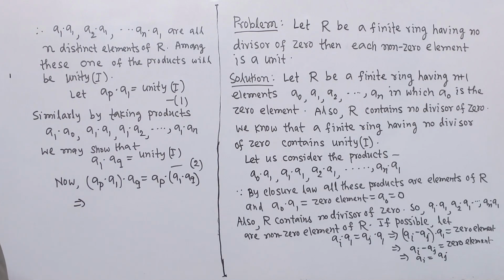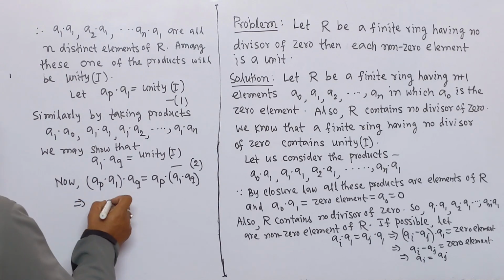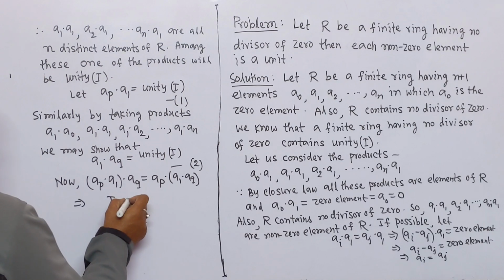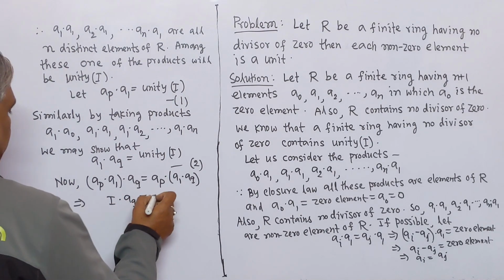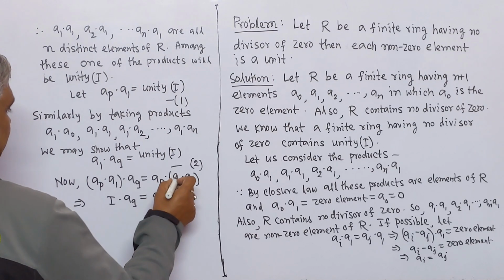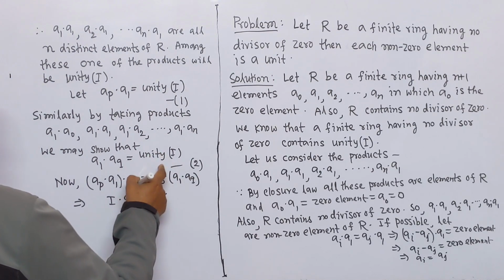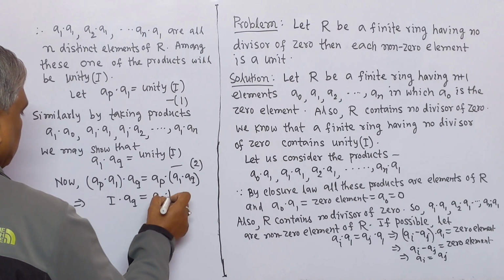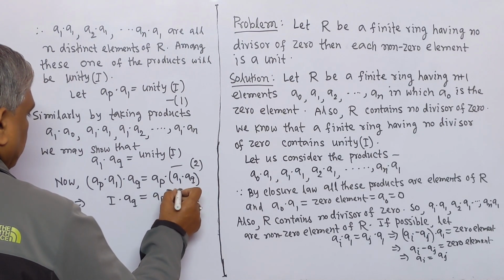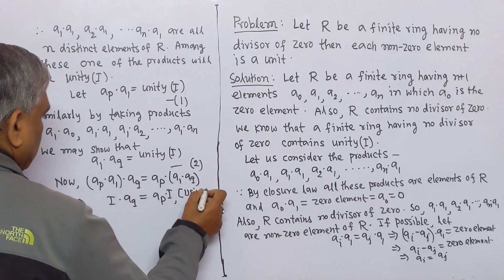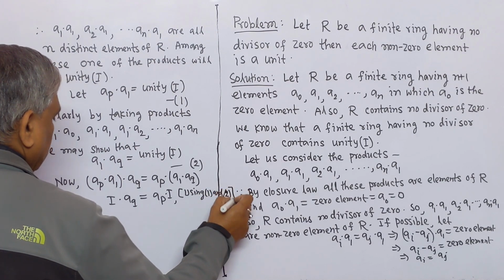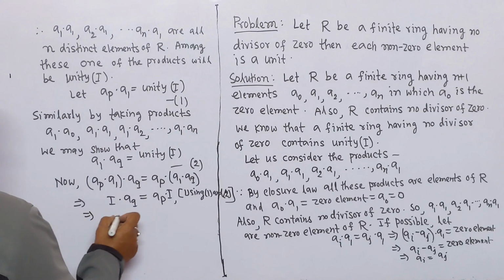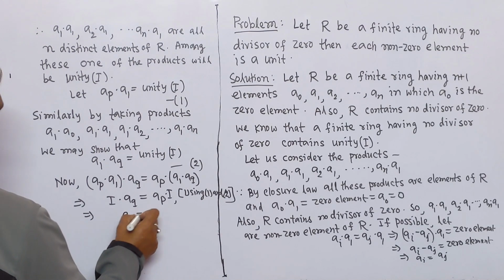This implies that it is unity I multiply aq, which is ap multiply unity from 2, using 1 and 2. This implies that aq equals ap.